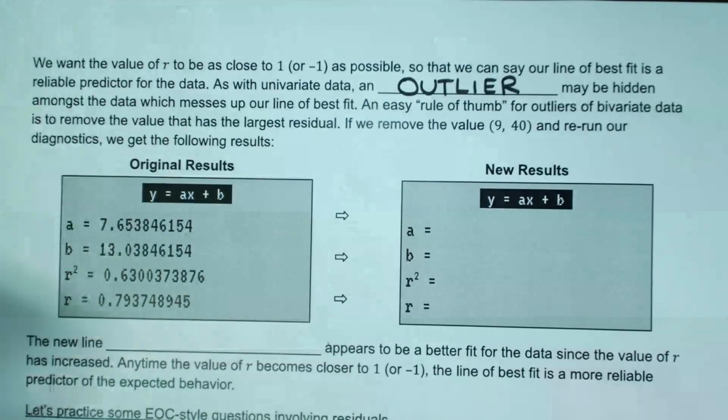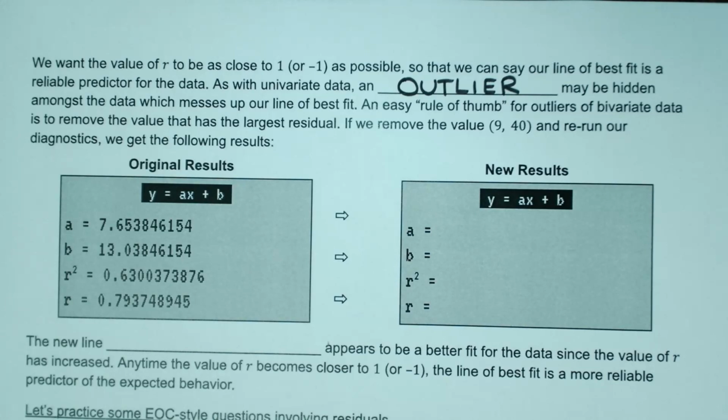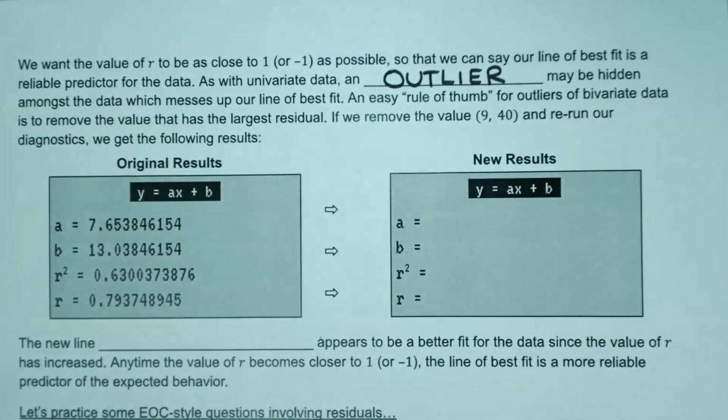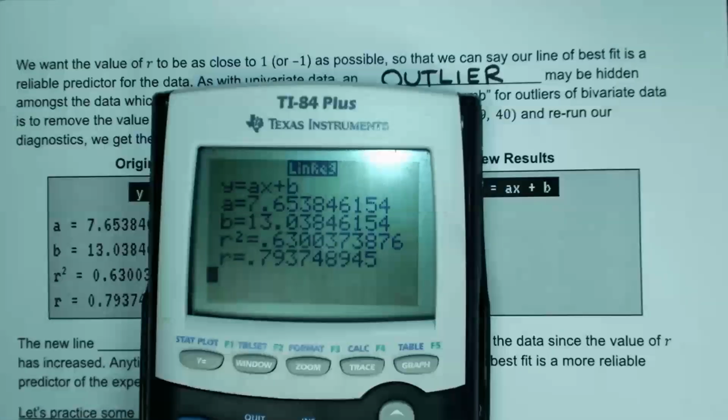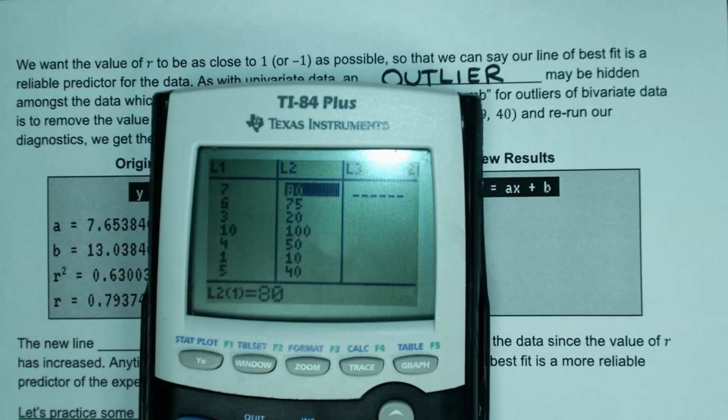Just like with an outlier in single variables, it messes up the mean and the standard deviation. Here, it's messing up our line of best fit. So, what we'll do now is in our calculator, go back to stat edit, back to that original data.